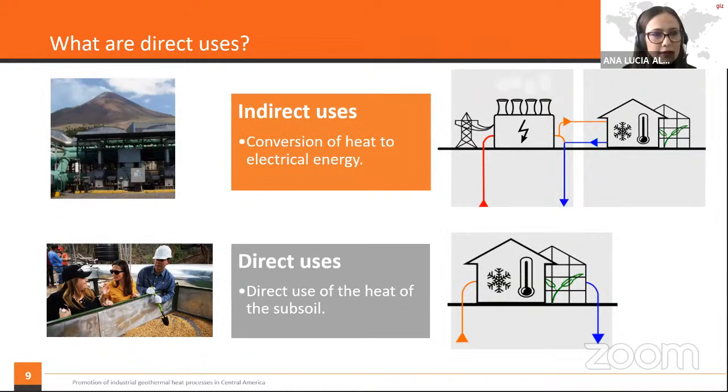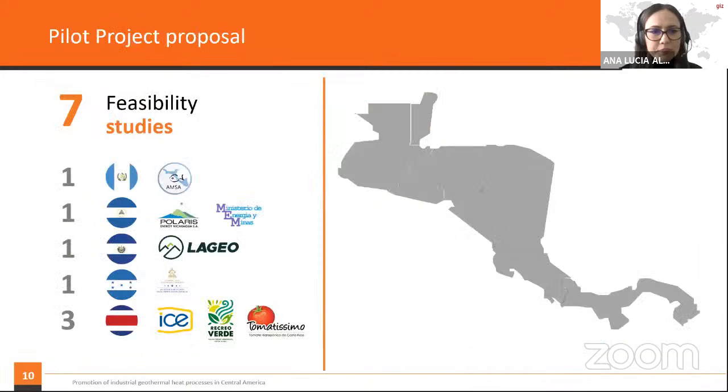Taking this heat, this vapor from under the ground, and with equipment, converting this heat into electricity. And there's a lot of experience within the region in this. And well, direct uses is using, as the word says, directly this heat for applications. And I will share with you afterwards some of these examples.